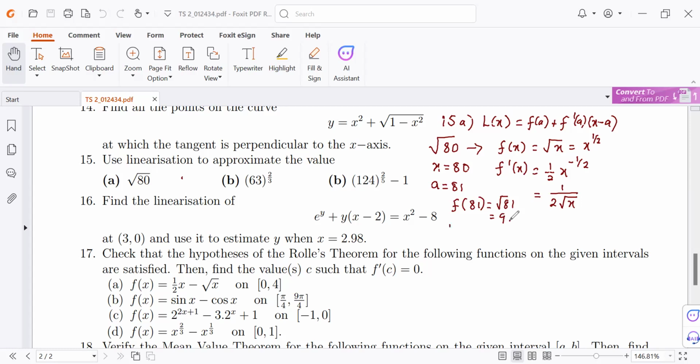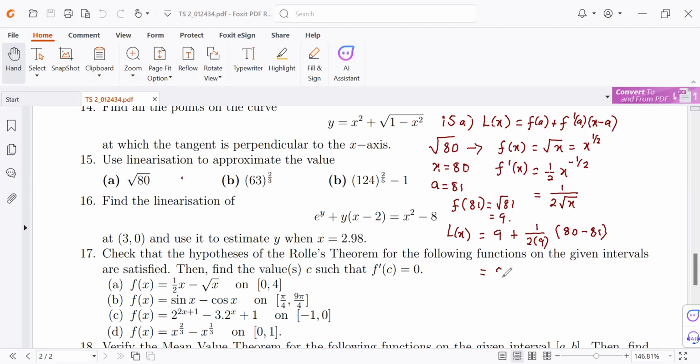Okay. So now we'll go to L(x). L(x) is equal to f(a), which we have found to be 9, plus what is f prime of a? It's 1 over 2 by 9 multiplied by x. What is x? x is 80 minus a, which is 81.